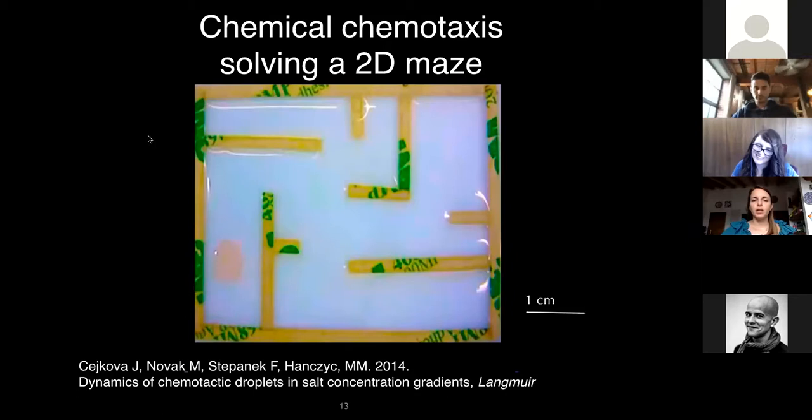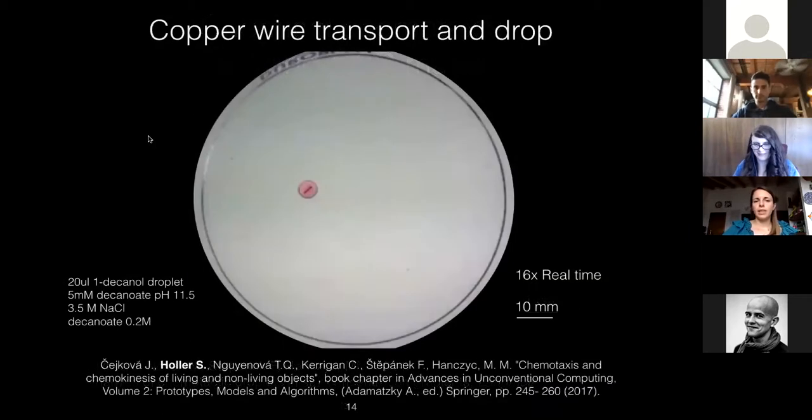So this system can be used not only in an intelligent way to solve mazes, but even to do one taxi-like effort. So for example, we can charge the droplet with some inorganic objects, not living, such as a copper wire, but we showed in this review that I made with Itka even the transport of objects like a fly, like a piece of paper, or like a piece of plastic.